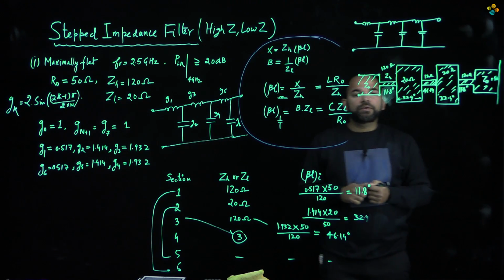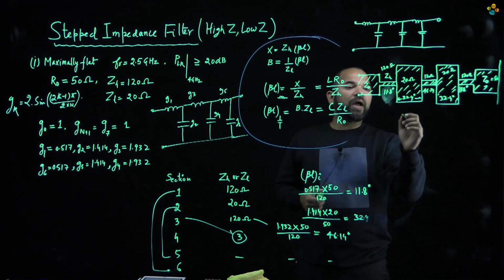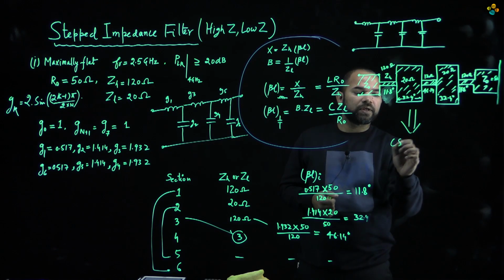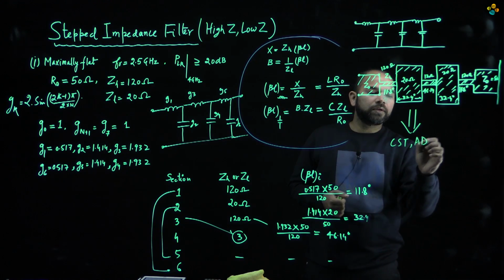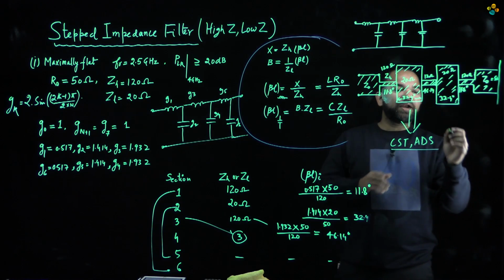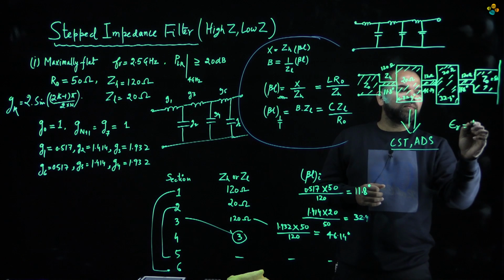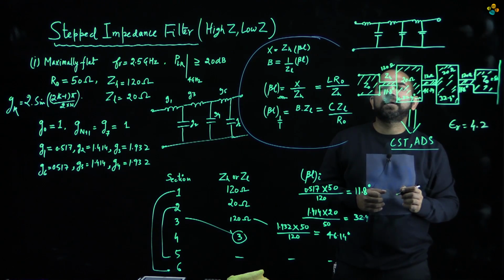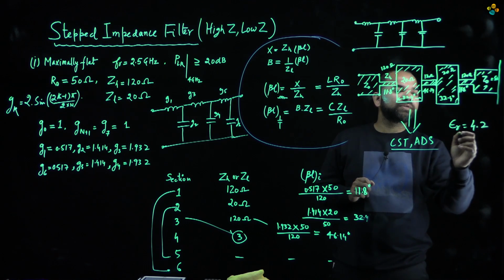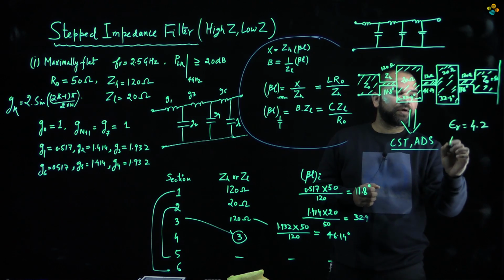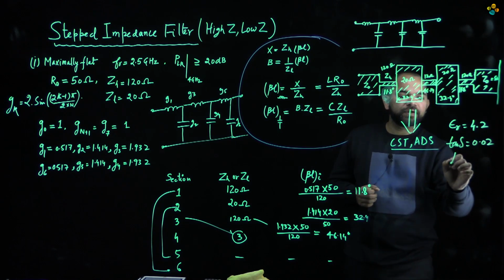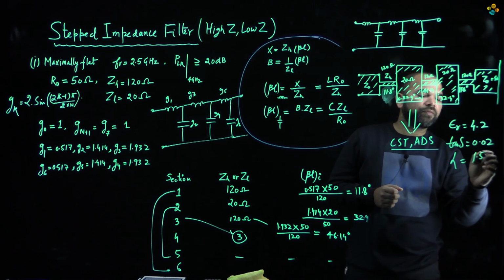So the next step would be to take these values into any software, maybe CST or ADS, and try to simulate this with some realistic values for the microstrip lines. So let's consider this microstrip is designed on FR4 substrate with certain epsilon r and tan delta of this value and with certain substrate height, say 1.5 mm.